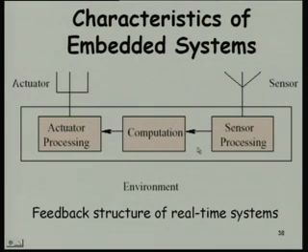So, this we had seen in some form: the sensors generate signals, and these signals are conditioned and read by the processor, and computation occurs, and then the actuator signals are generated to drive the actuators, and there is a feedback nature.